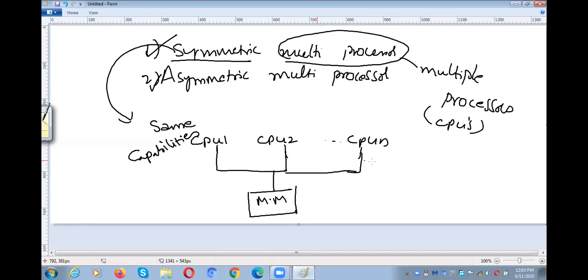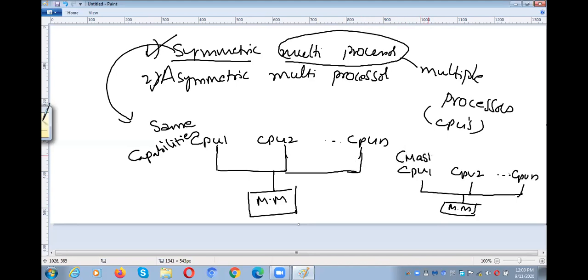Asymmetric multiprocessor means CPU 1, CPU 2, and so on, CPU n, all connected to the same shared memory. But here the first processor acts as a master, and all the remaining CPUs act as slaves.